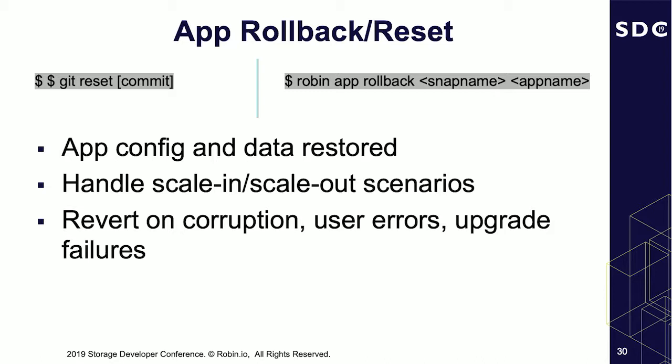It should restore everything, including all the interfaces, all the pods, storage, data, everything, time-traveling to the previous state, up and running. There are a lot of use cases for this. If you hit a corruption or user errors or an upgrade failure, you can go back to the same state. And let's say you added more data to the application after you took a snapshot; when you revert back to the old state, all the scenarios have to be taken care of.